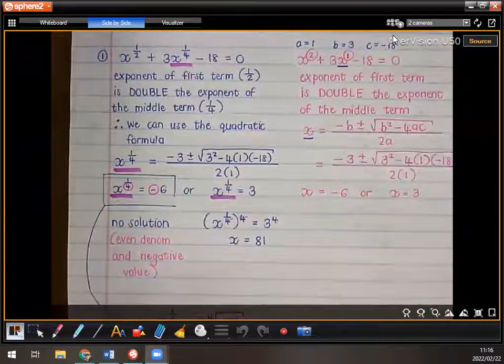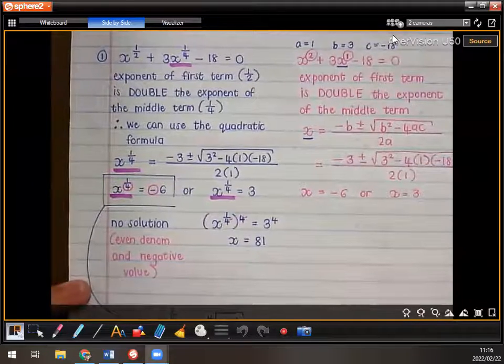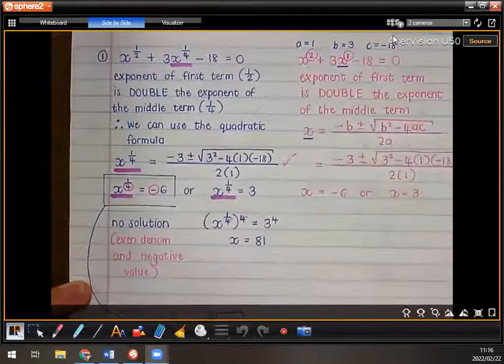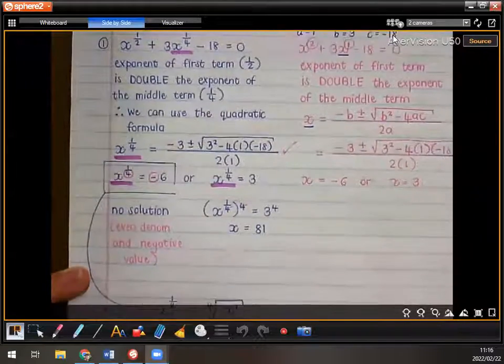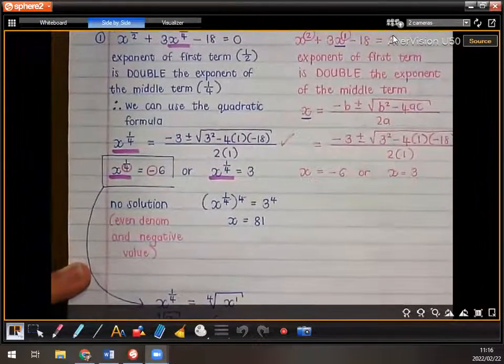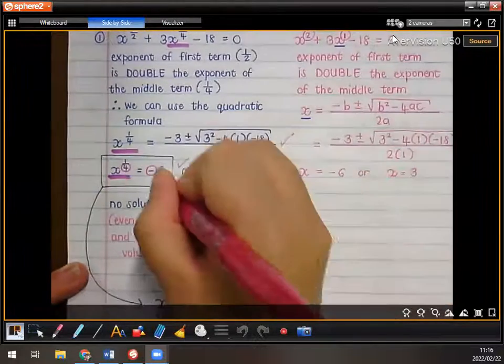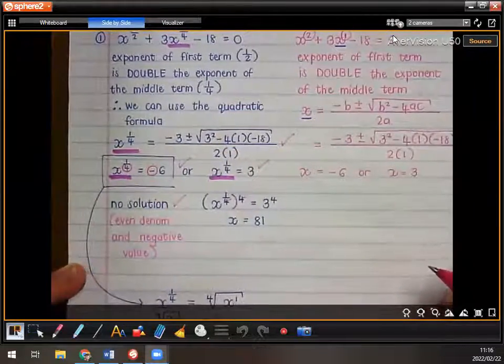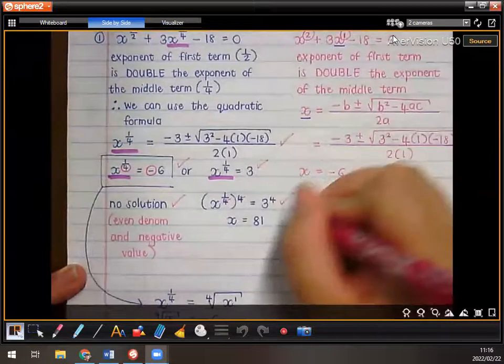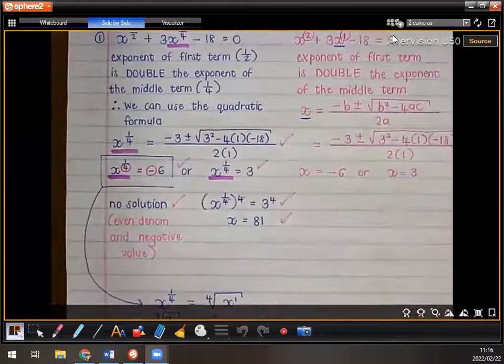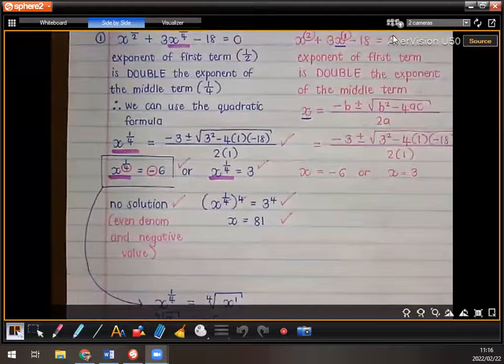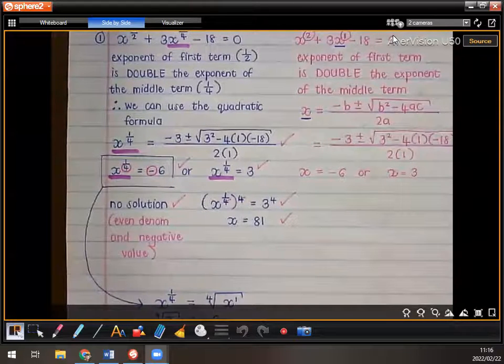Okay, in terms of marks, you will get a mark for subbing into the quadratic formula. You will probably get a mark for each of these. You'll get a mark for your no solution. You'll get a mark for raising to both sides and for the final one. But this will be a simple question, guys, and it's a difficult one.